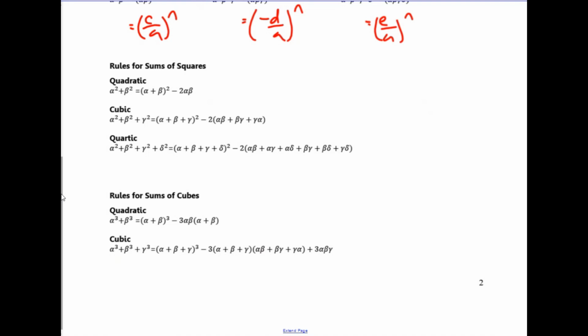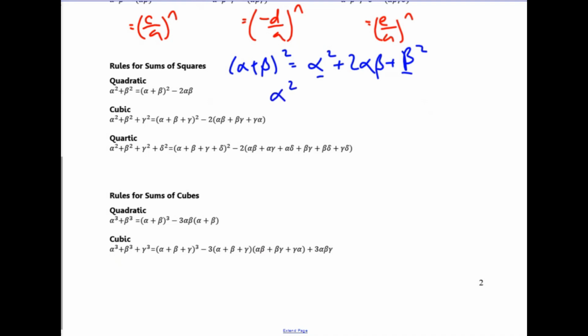So, for example, looking at the quadratic, if we are asked for alpha squared plus beta squared, it's not just a case of doing alpha plus beta all squared, it's a little bit more than that. But that's our starting point. So my starting point would be alpha plus beta all squared, because if I expand this out, I would get alpha squared plus beta squared, and I just get this 2 alpha beta extra.